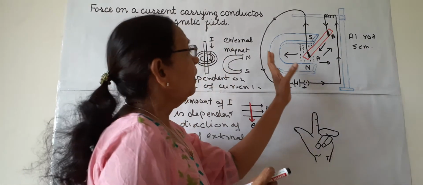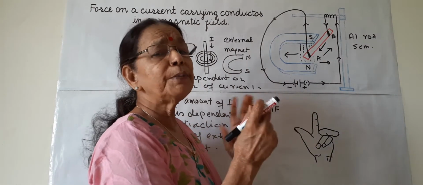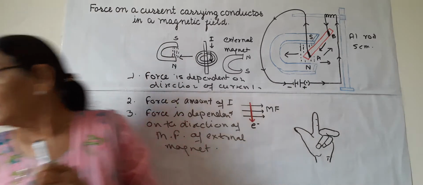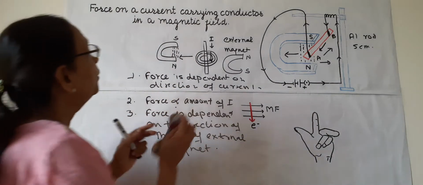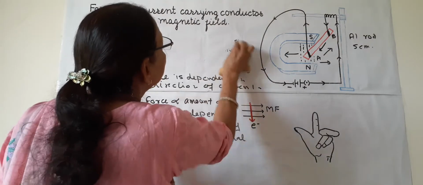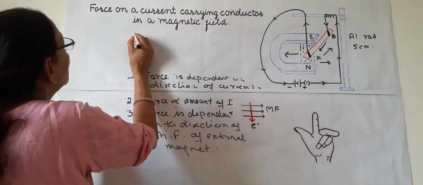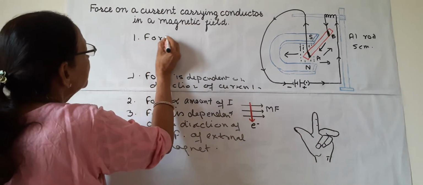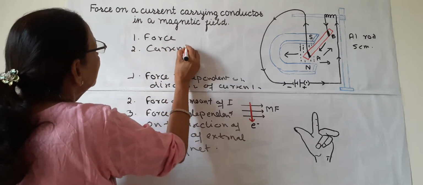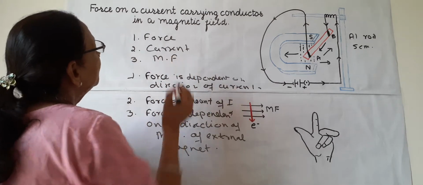So, how do we know the relationship between these 3 things? What are these 3 things? We want to establish a relationship between force, direction of force, second current, direction of current, and third direction of magnetic field.